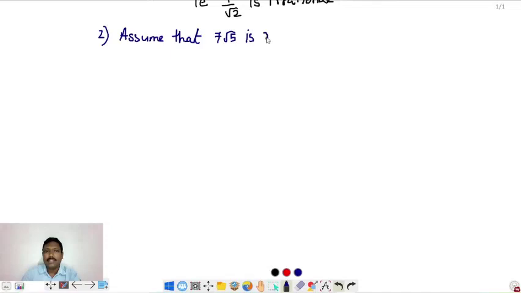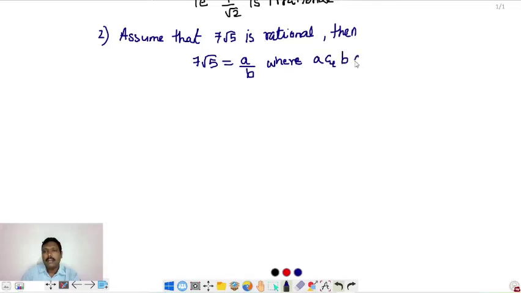We have to assume this as a rational number. Then 7 root 5 is equal to a divided by b, where a and b are coprime.